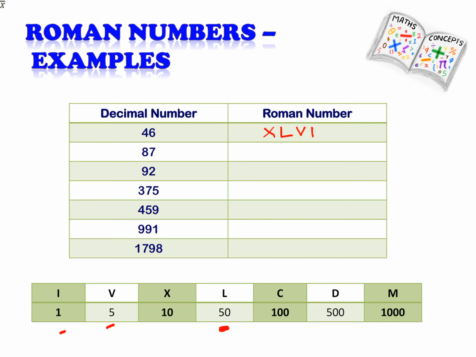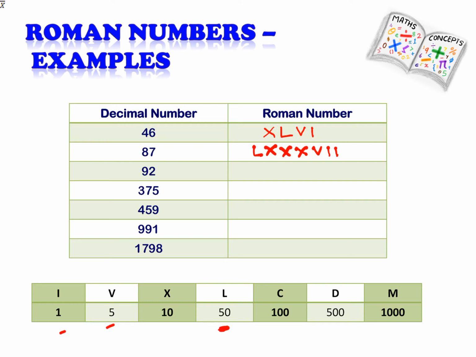Next number, 87. Now to get 80, we can have L and then 3 times X, right? So L and 3 times X will give us 80. Now we need 7. How do we write 7? V and I. Okay. The next example, 92.